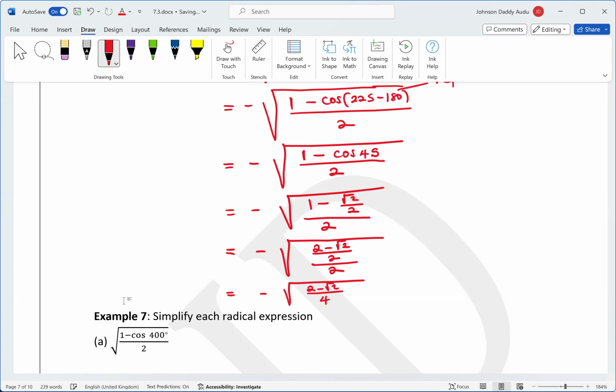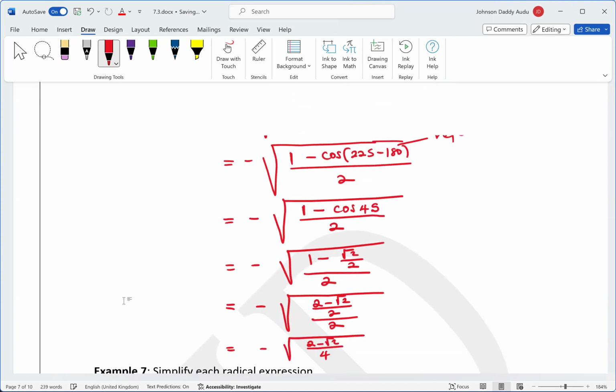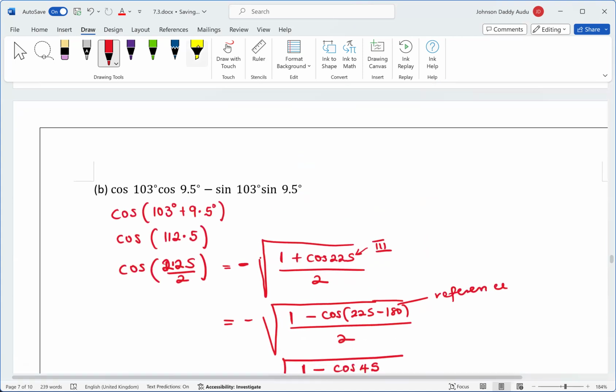Let me just highlight something very important. You see, this minus depends on what? Depends on this one, right? Because we are in the second quadrant and cosine is negative.